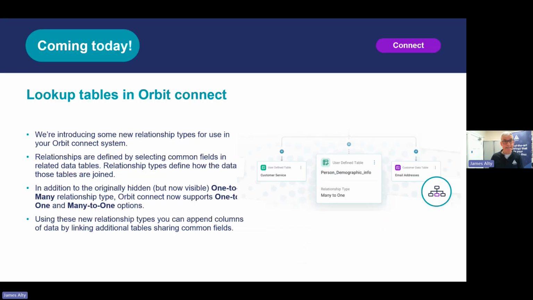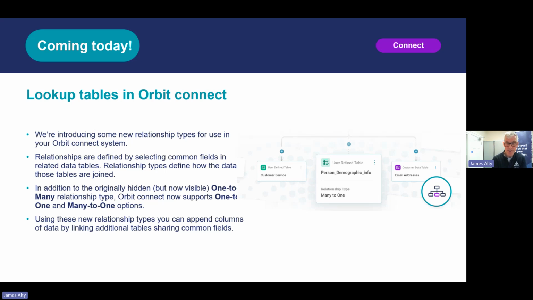I normally have a section here that says coming soon, but this one is coming today, ladies and gentlemen, with the next sprint update to 2.1.22. We're introducing lookup tables in Orbit Connect. So those of you that use Connect know that it has a simpler data model than Designer, or it has had a simpler data model than Designer, but this is a big step up. So we're going to introduce lookup tables that support one-to-one and many-to-one relationships.